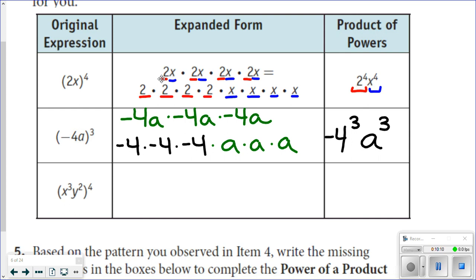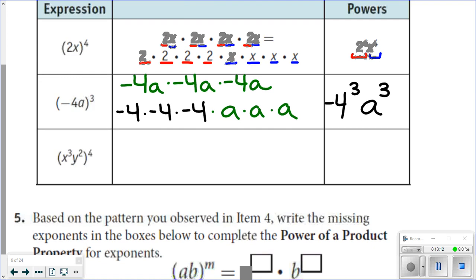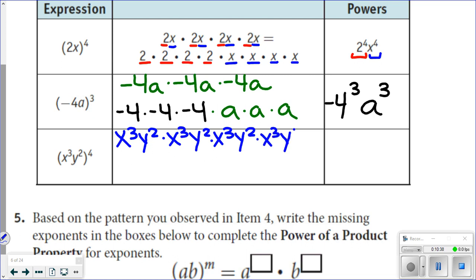Ooh, and look at this last one. This one's a little bit trickier. I have x cubed y squared, and that needs to be multiplied by itself 4 times. Okay, so I have x cubed y squared. So there's 4 of them. Now I'm going to expand out all of the x's.